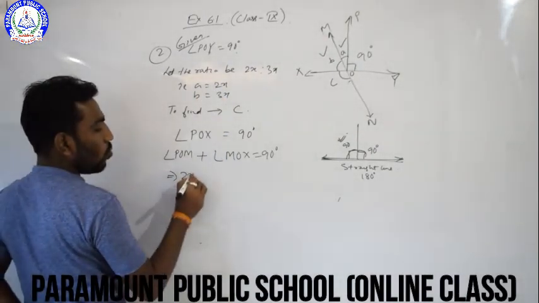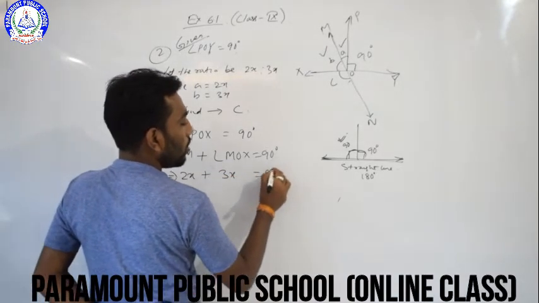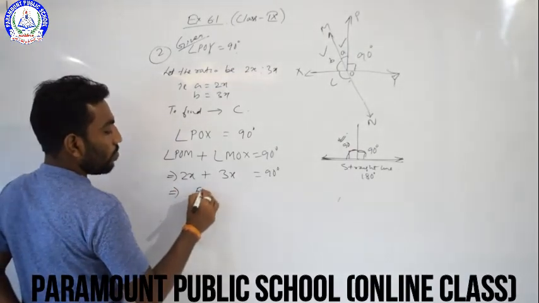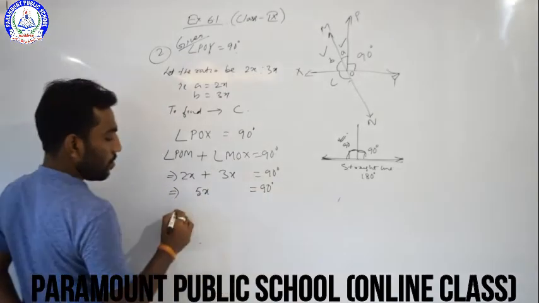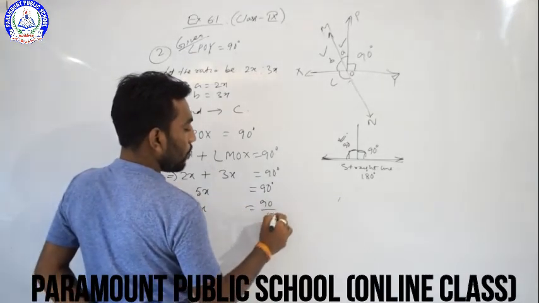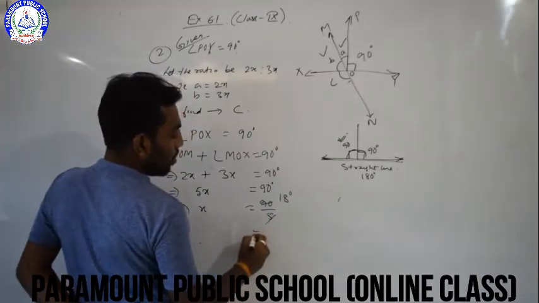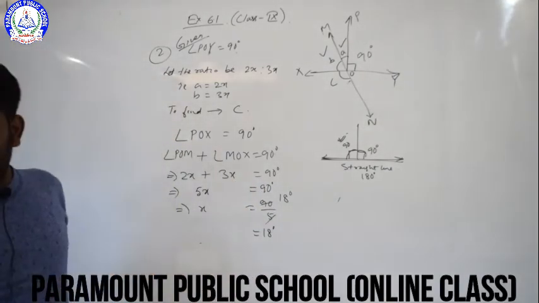So I can write 2x plus this is 3x equal to 90 degree. So add the value, it will become 5x equal to 90 degree. So x is equal to 90 by 5, so 5 eighteens are 90. So the value of x is nothing but 18 degree.